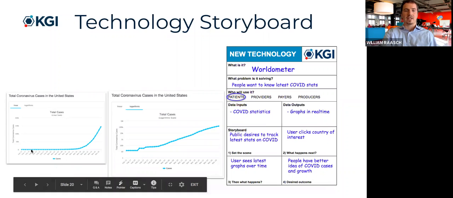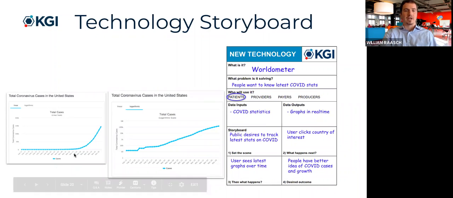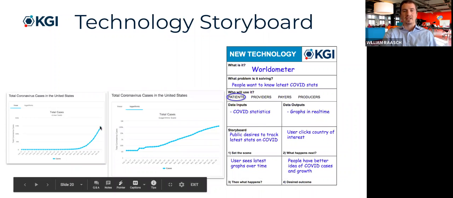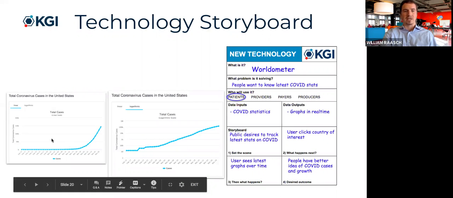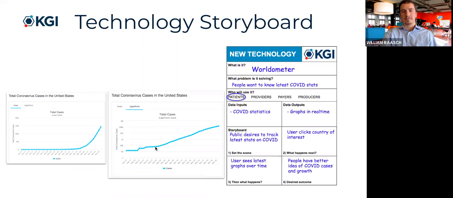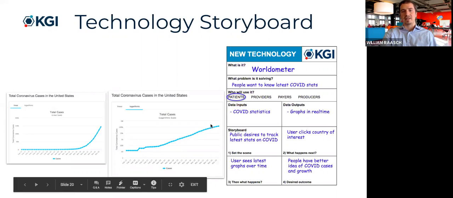Another thing, because exponential growth is sometimes scary and difficult to make sense of, they are able to help you visualize in both linear and logarithmic. Logarithmic is basically just, instead of going 1 patient, 2 patients, 3 patients, 4 patients, each notch is an order of magnitude bigger. So if you have a straight line, that's exponential growth, but you want to look for when it starts to level off.